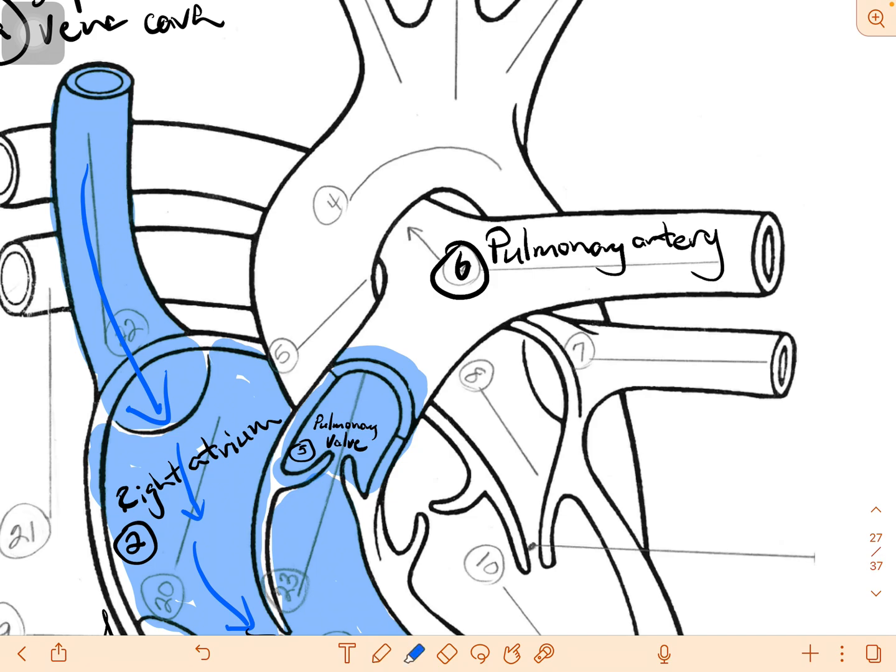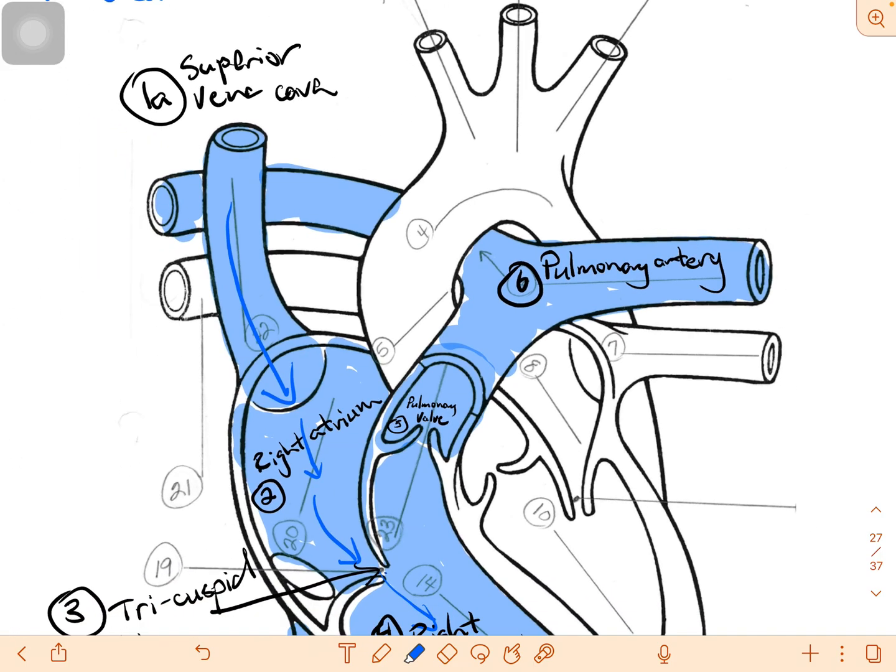Now, remember that anything that's listed as pulmonary is going to have something to do with the lungs. So the pulmonary artery leads to the lungs. The pulmonary valve leads to the pulmonary artery, which leads to the lungs. Okay?